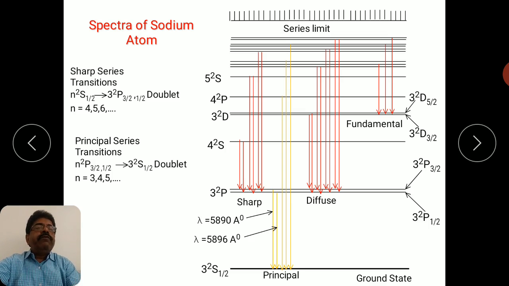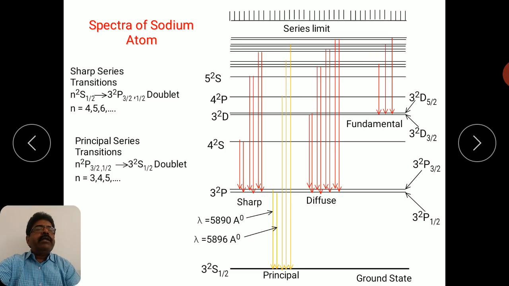With the help of arrows, I have shown here the first line, lambda equal to 5890. That represents the transition 3 doublet P 3/2 to 3 doublet S 1/2, resulting in a photon emitted of wavelength 5890 angstrom.